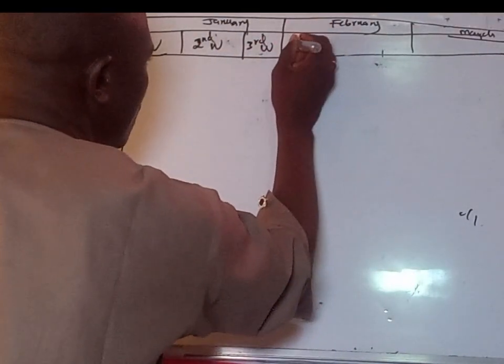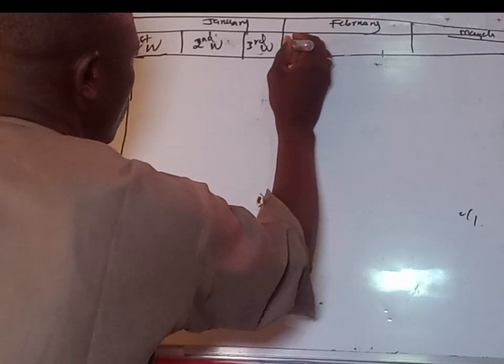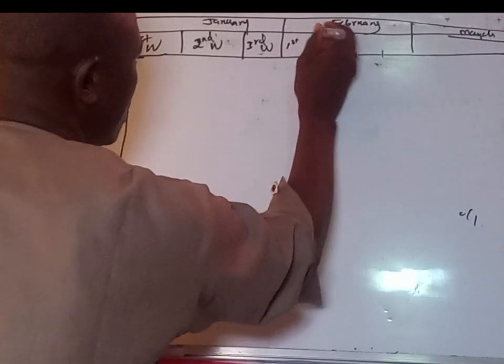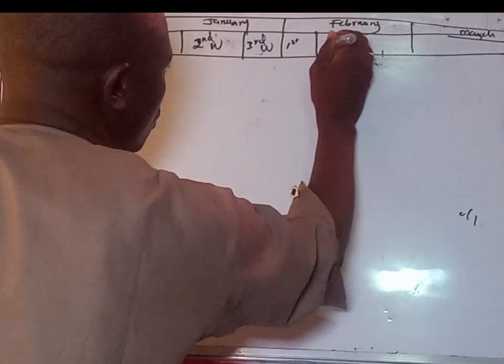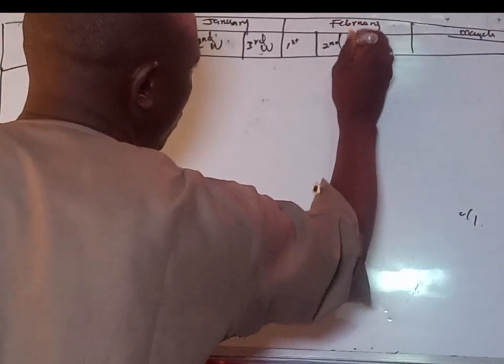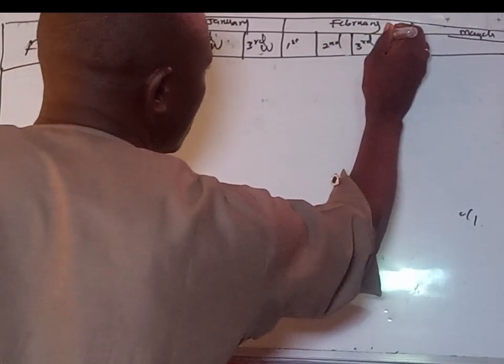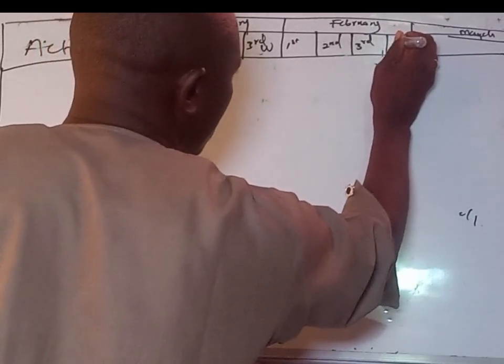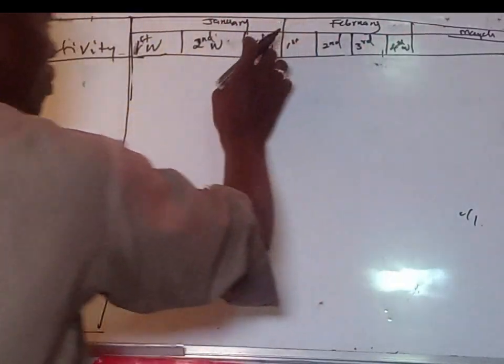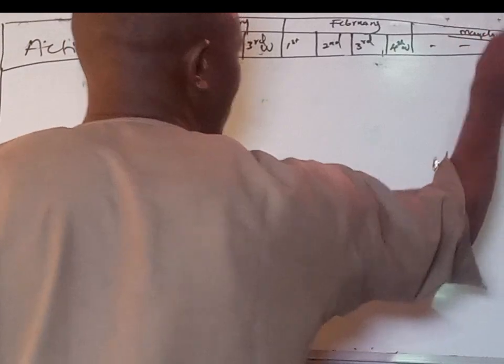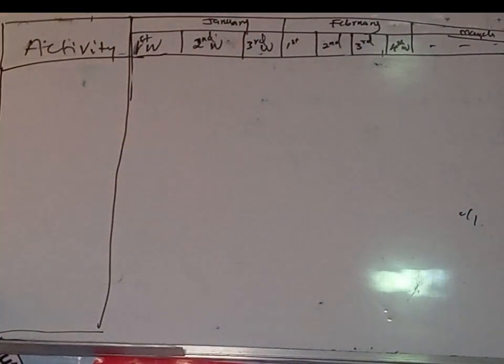So let's leave it like this. Then we have, let's say again, first week, second week, the boat is too small. Then we have third week, and fourth week. Let's assume this one we also have fourth week, and then the rest.